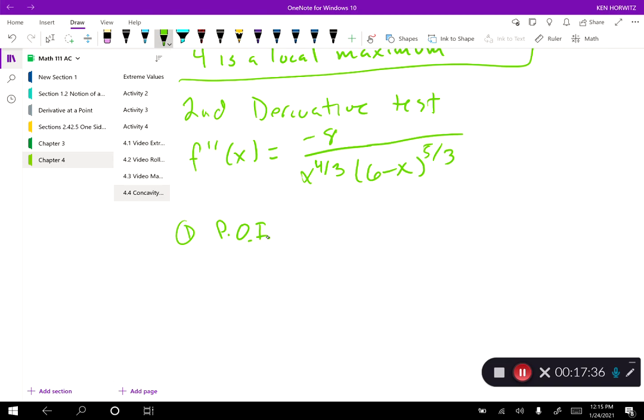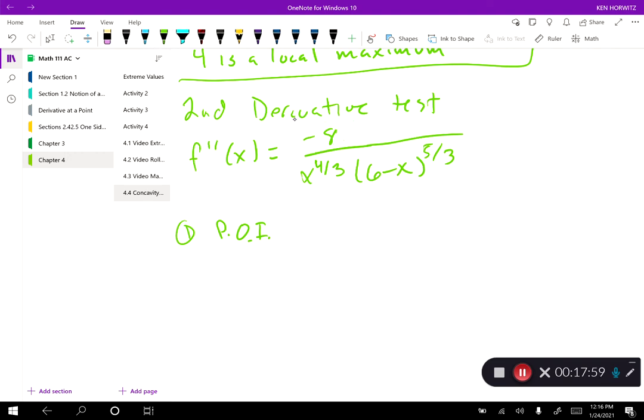All right, now let's look at our second derivative. Is there any place where the second derivative is going to equal 0? If there is, our numerator we set equal to 0 and solve. So I conclude that there's no place where the second derivative is going to equal 0 because our numerator is just -8, and -8 will never equal 0.